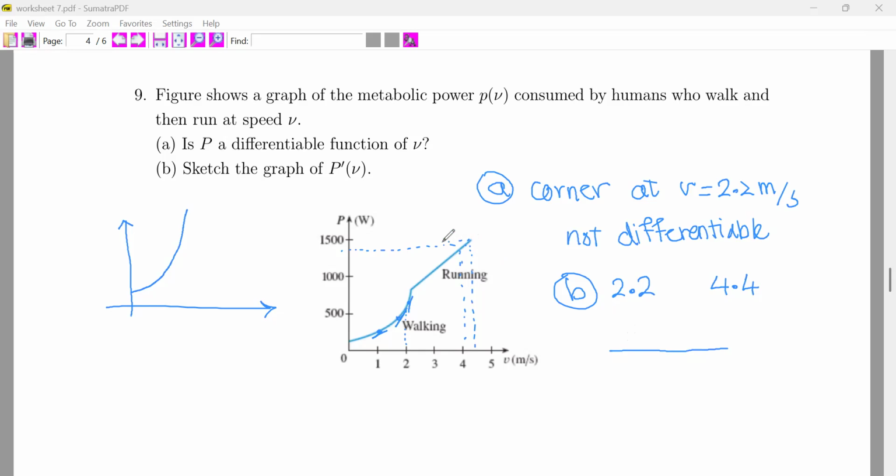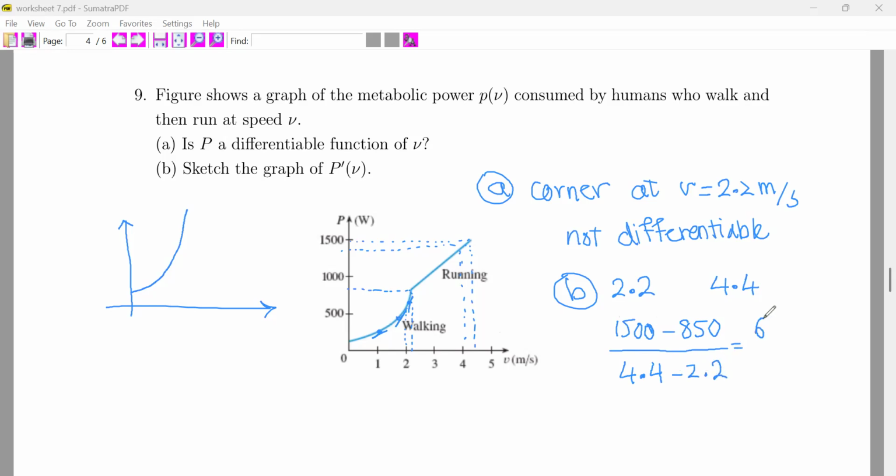So for 4.0, maybe we can find 1500. So subtracting 1500 with the amount that we may have for 2.2, which is somewhere here. So it can be less than 1000, maybe 850, over the difference of x values.